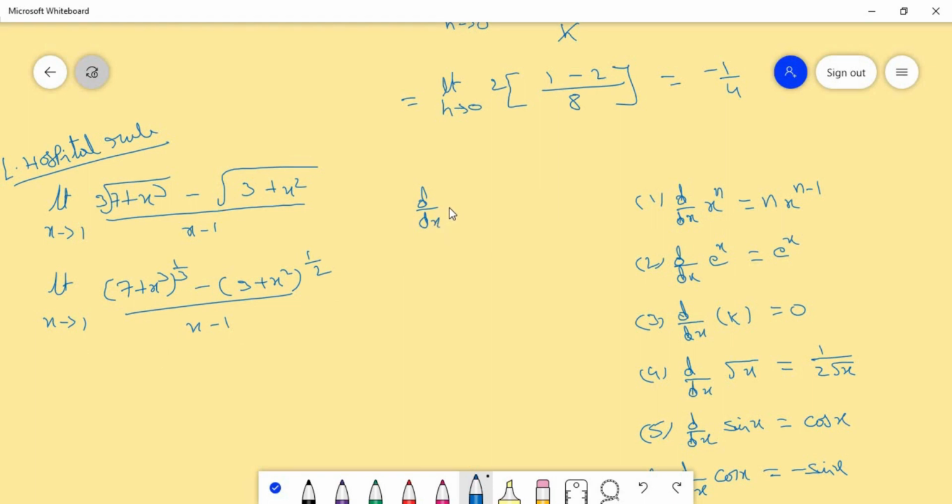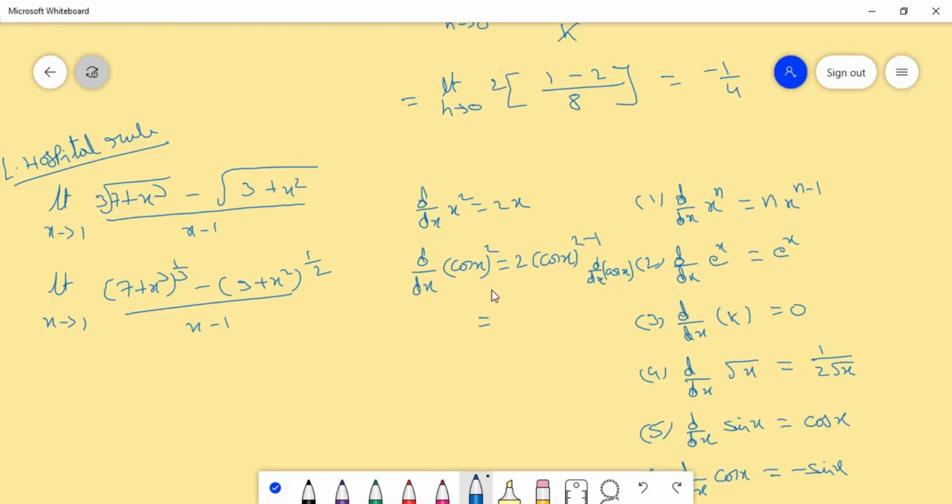Derivative of x square is 2x power 2 minus 1. Next, like that, derivative of cos x whole square, how to solve? Here we need to solve two differentiations. One is the x power n formula, n into x power n minus 1, that means cos x power 2 minus 1 into derivative of cos x.